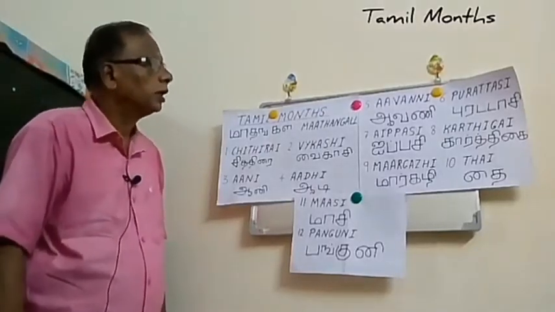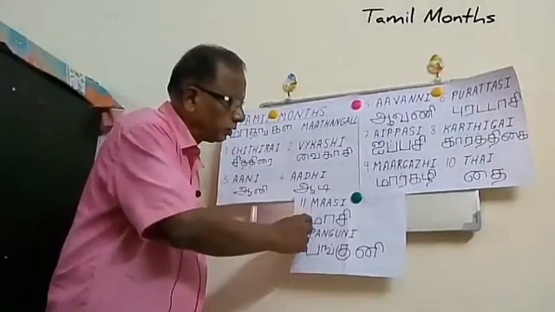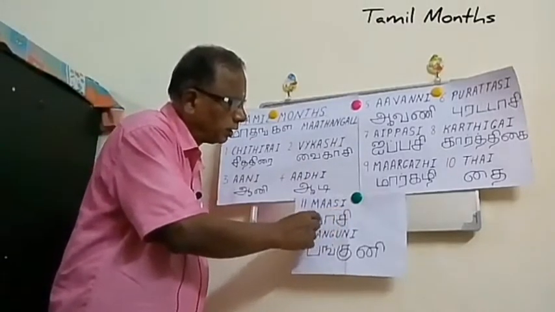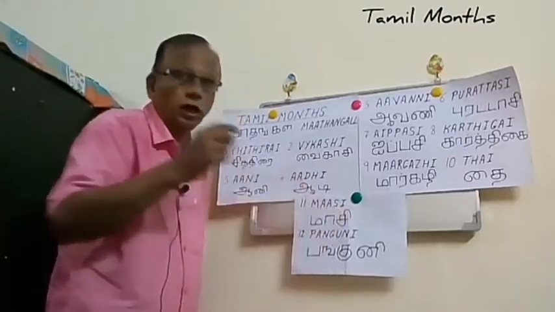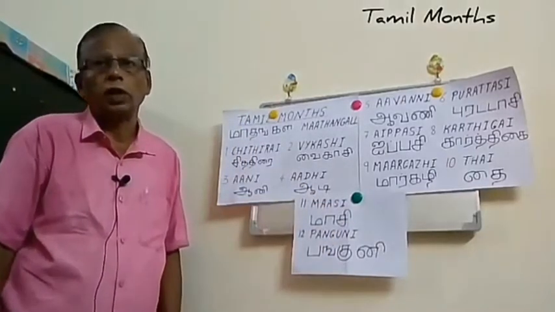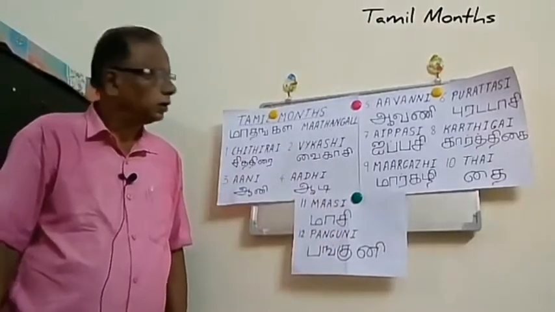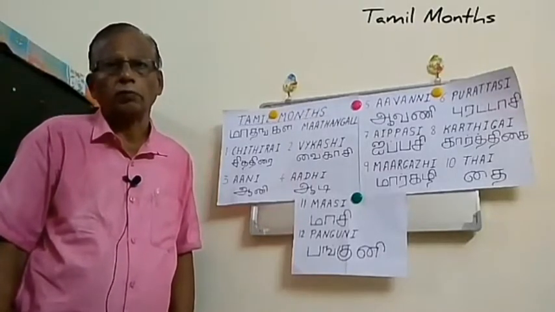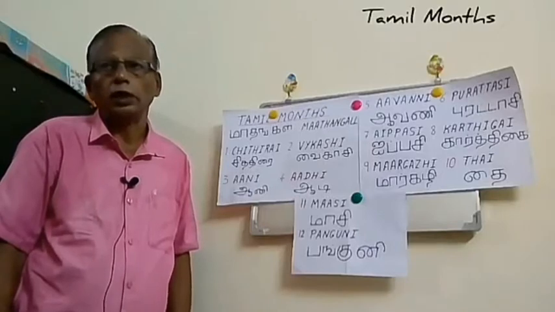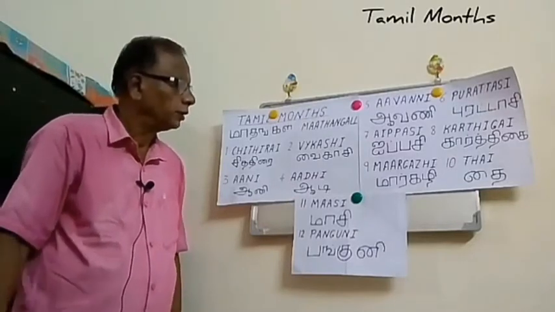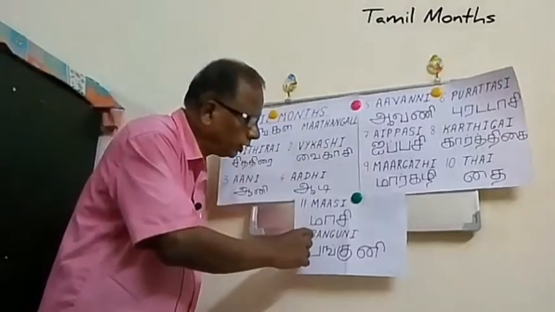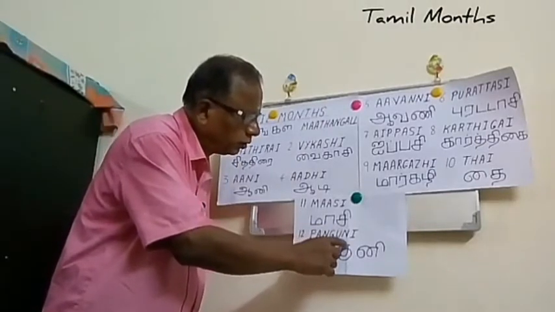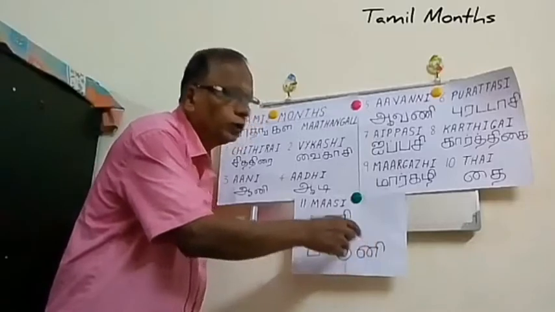Then comes Mashi. It's called Magh Mahina, Magh in the north. Lord Ganesh was born in the month of Magh, called Magh Ganpati. Then comes Panguni, P-A-N-G-U-N-I.